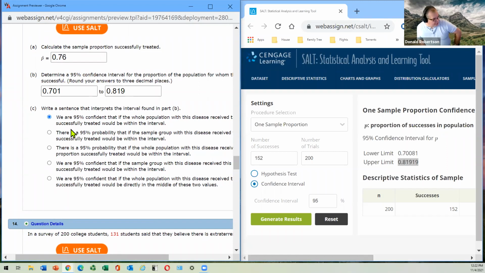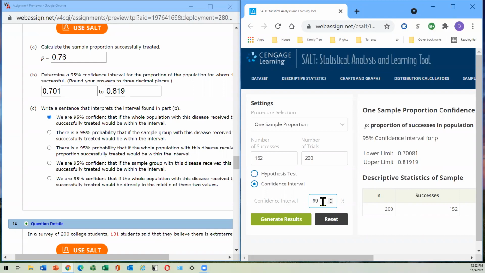If you wanted to do, instead of a 95, if I did a 99, what would happen to that interval? Would it get bigger, further apart, or would it narrow down? If I did a 99 on this, it'd get bigger. And if I did a 90%, wouldn't it get smaller? Now, doesn't that truism hold all the time?